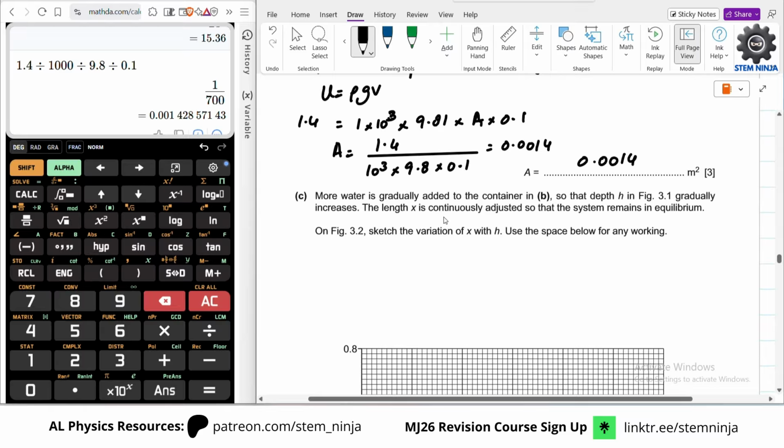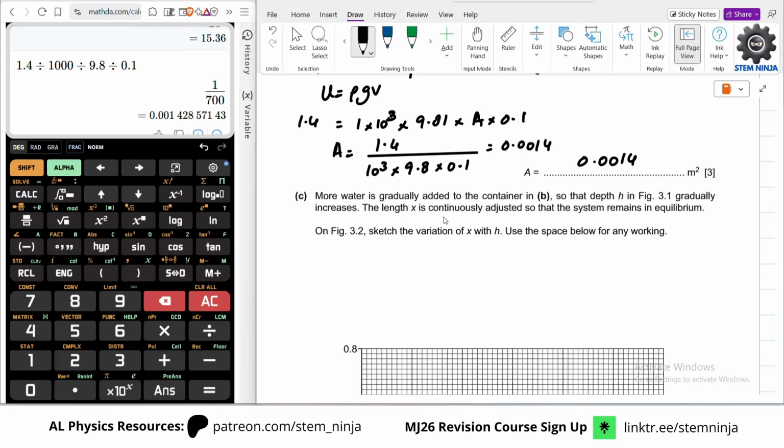More water is gradually added to the container in B, so that the depth h gradually increases. The length x is continuously adjusted so that the system remains in equilibrium. On figure 3.2, sketch the variation of x with h.